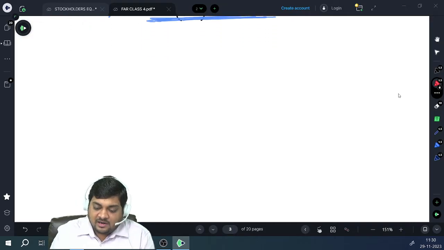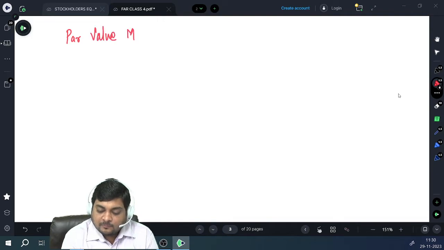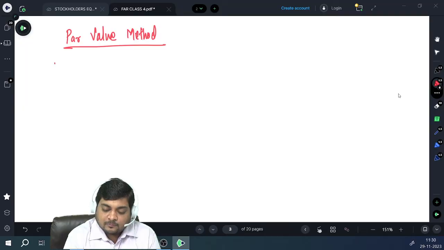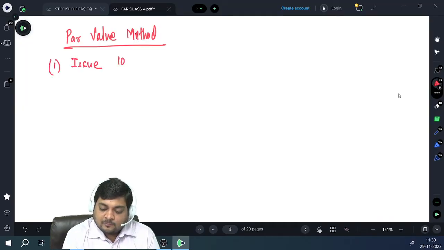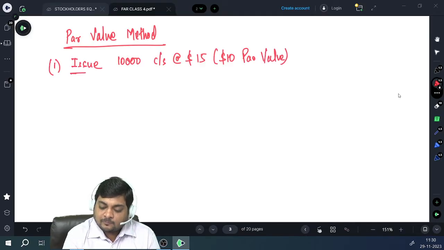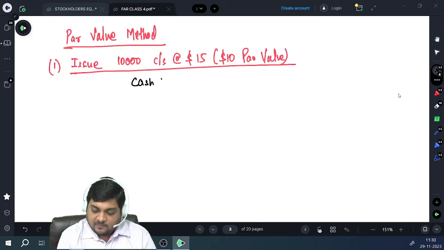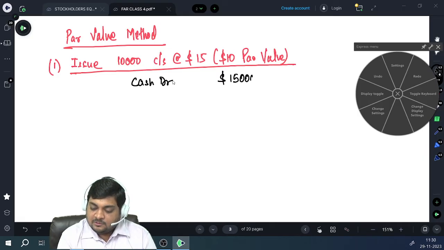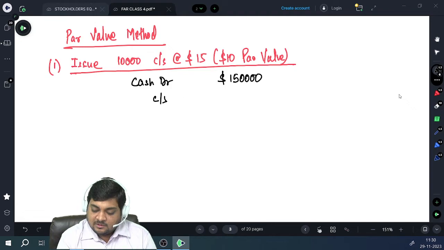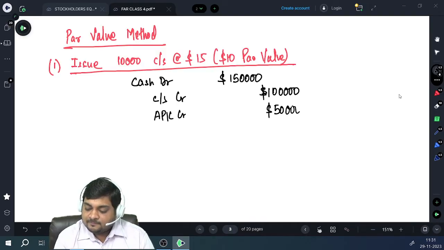Now if I go by par value method, so this is cash debit $150, common stock credit, right.